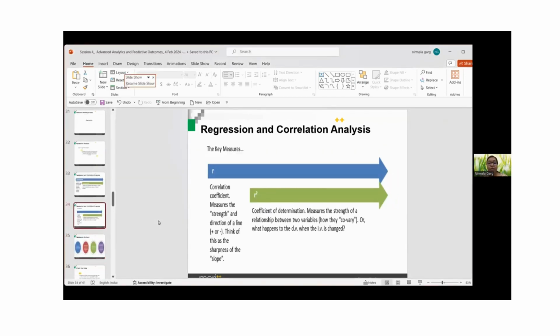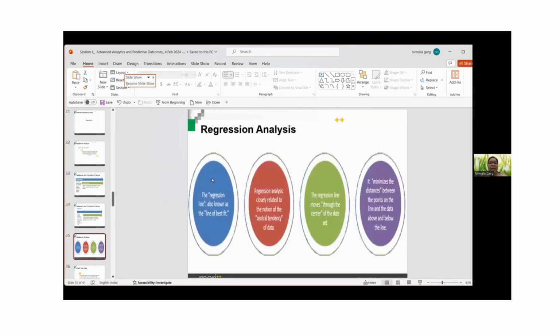So how is R square measured? Regression is measured by R square, called the coefficient of determination, while correlation is measured from -1 to +1, and it is R. You have also seen a line of best fit in regression.